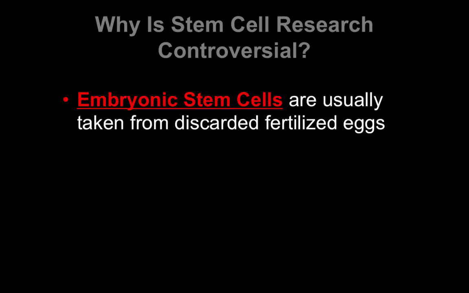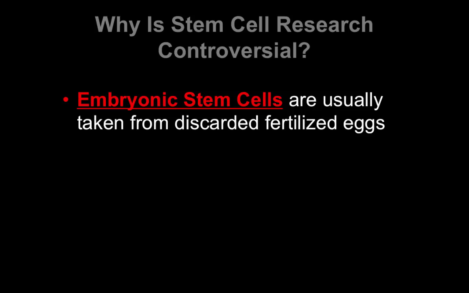Unfortunately, they're very controversial because really you can only use embryonic stem cells for most of these things. And embryonic stem cells are usually only found in embryos. And the only way that we can get embryos are from discarded fertilized eggs. And so people associate that with abortion and other things that they may have ethical or religious issues with, and so it becomes this big thing.